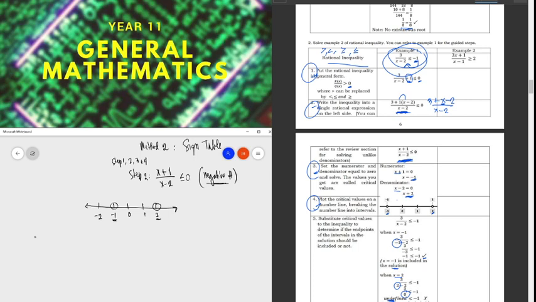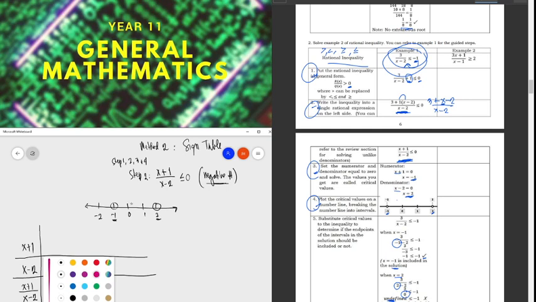So we have here the numerator, x plus 1, and then the denominator, x minus 2. And then we have x plus 1 divided by x minus 2 later on. Okay, so first thing is, again, we're going to decide the intervals. Since there are two critical numbers, we're going to consider three sides here. This side is x less than or equal to negative 1.